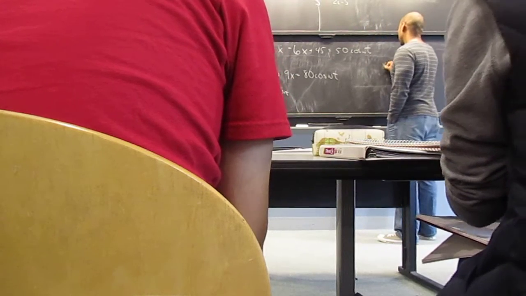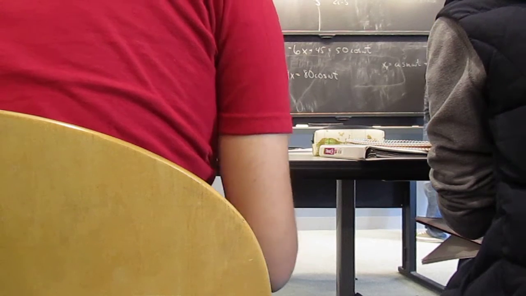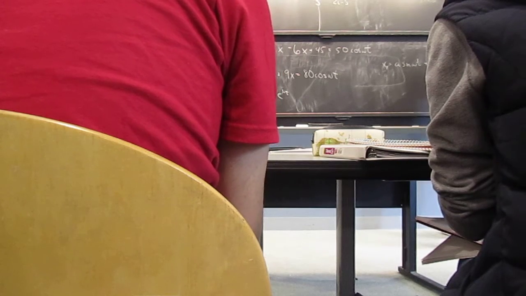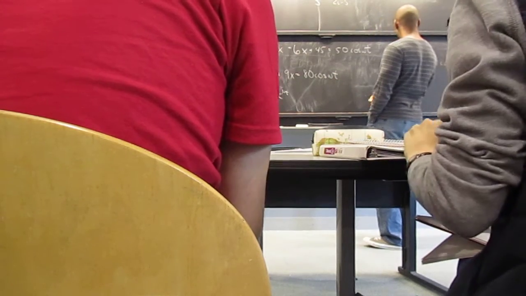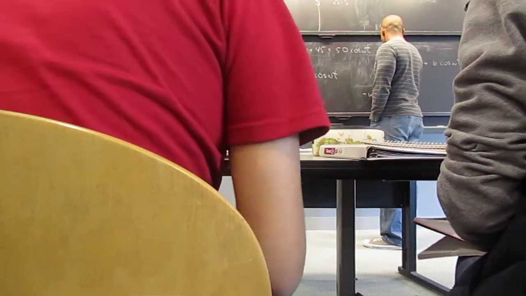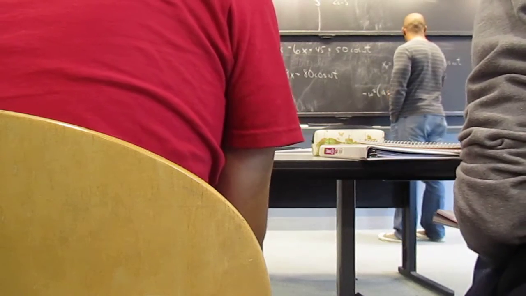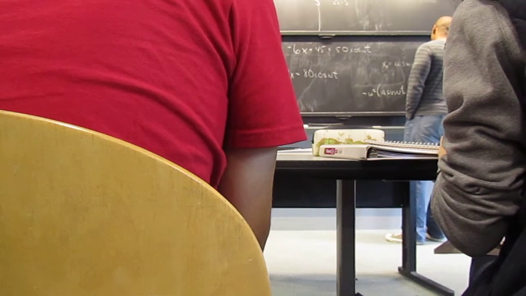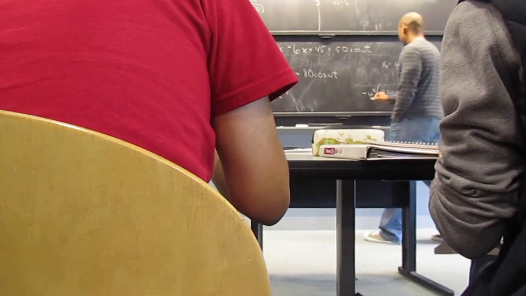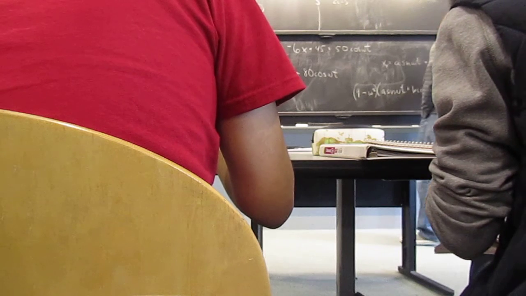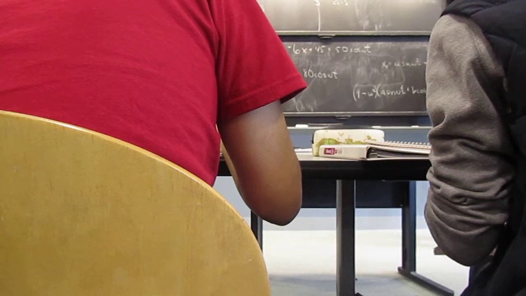So we have, so we're going to get x double dot equals minus omega squared times x. That is the left side, and we plug this into here.